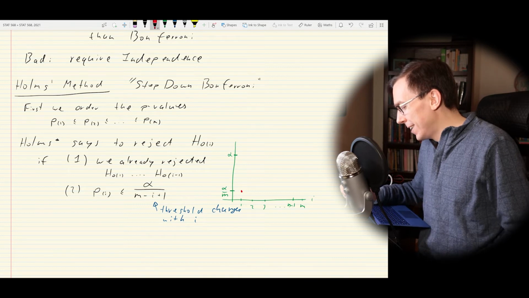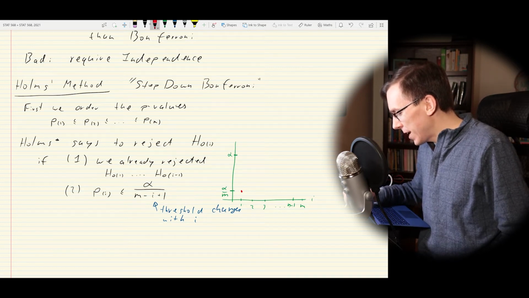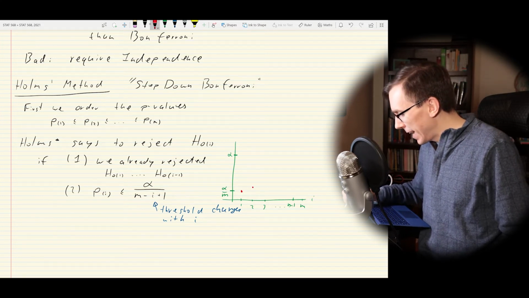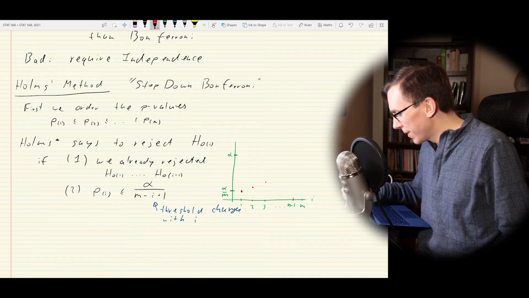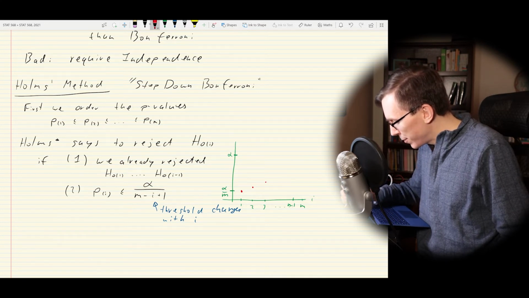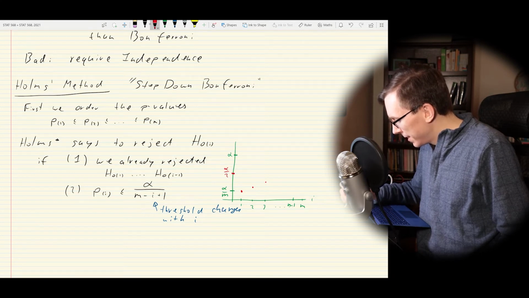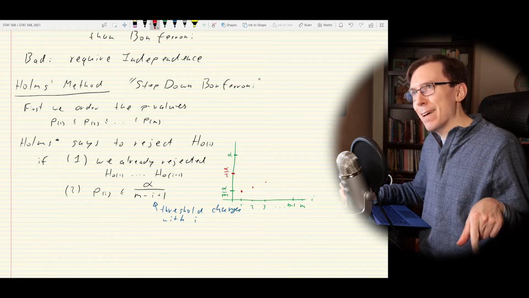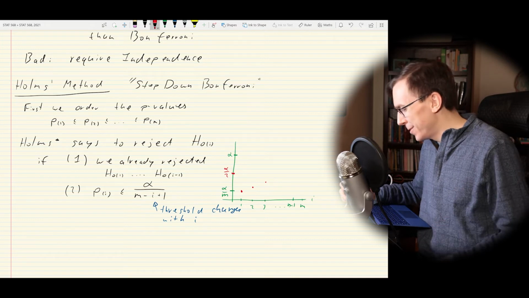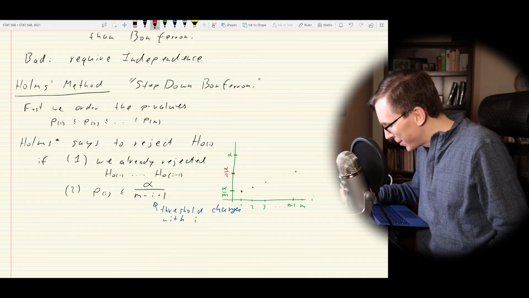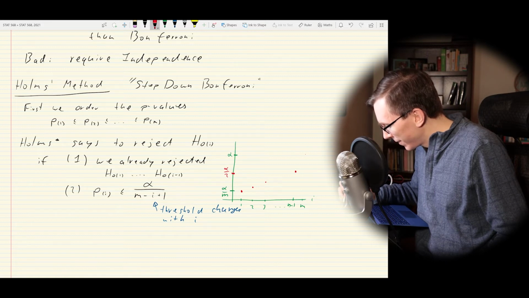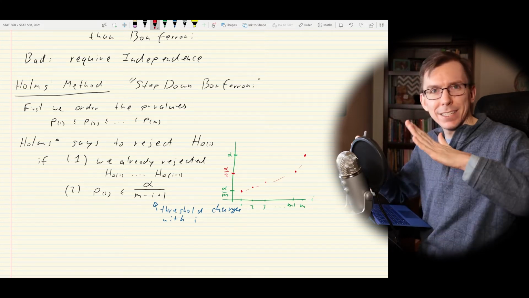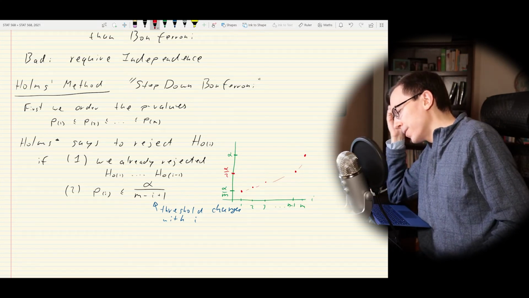Then if you reject that, you go to the next one and reject it if it's less than alpha divided by m minus 1, and then alpha divided by m minus 2, and so on. Eventually, for m minus 1, m minus 1 plus 1 is 2, so you end up with an alpha over 2 here, and then an alpha for the final p-value. It's not very well drawn, but it would actually look a little bit more curved than the way that I drew it.